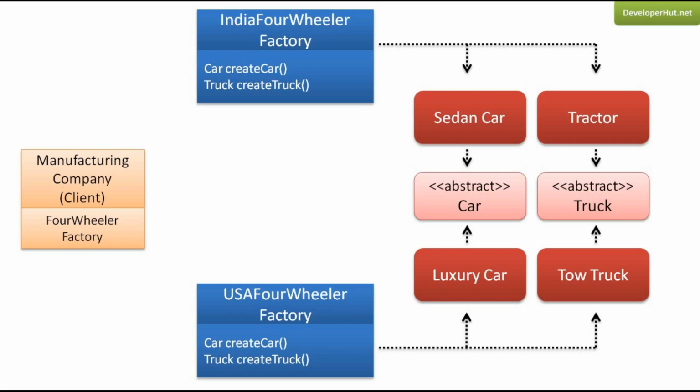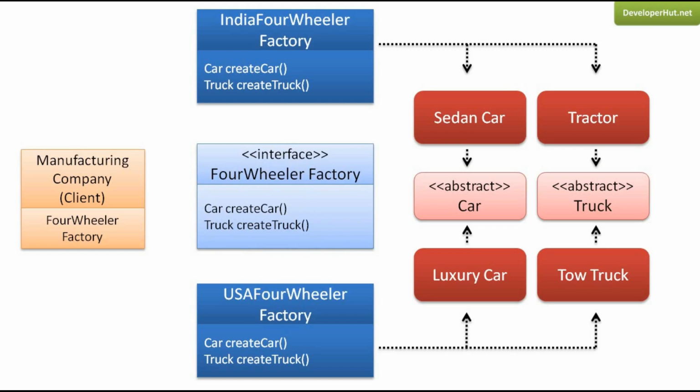However, if you see here, every time the company adds any additional car type or truck type, they need to create another four-wheeler factory, and they again need to embed the code inside the client, right? So instead of doing this, we will create one abstract class or interface, which is four-wheeler factory, which is again responsible for getting the type of car and truck, right?